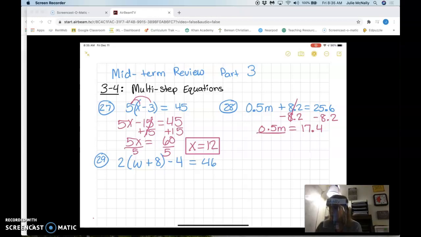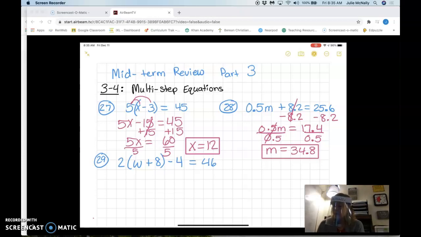And then we divide by 0.5. You're going to have to tell me because I don't know what that equals. 34. And everybody's got the answers too, so everybody's fine.